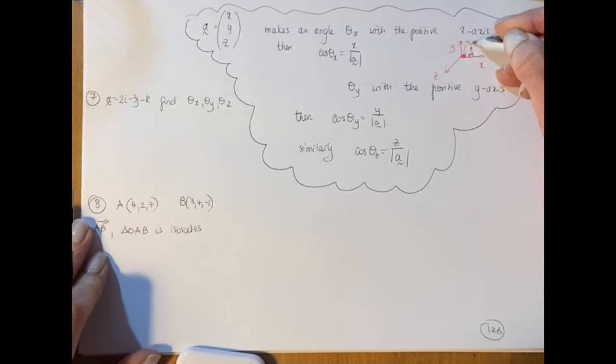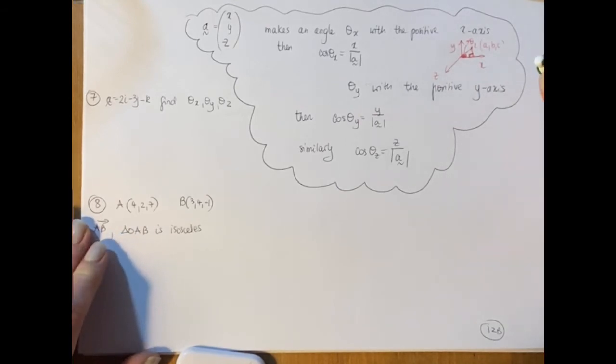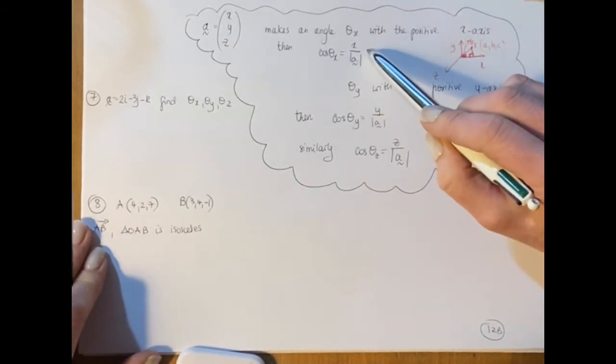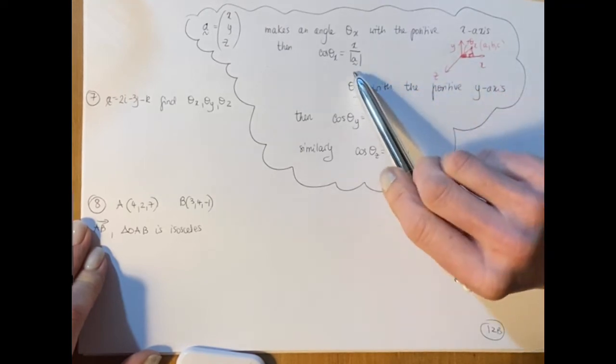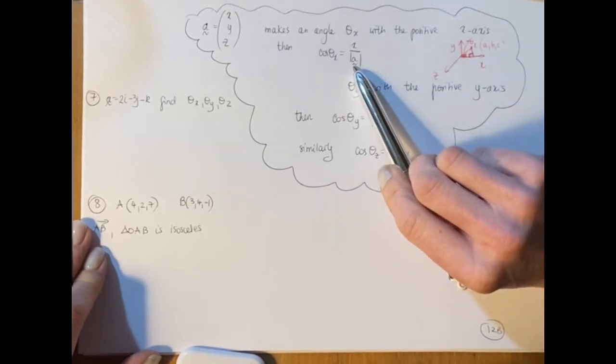So that's going to be theta x. It's the angle that the i vector makes with the position vector of point P, that is what we are calculating. So the formula is cos of that angle is equal to x over the length of the vector that you are working with.